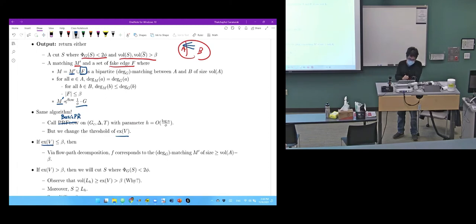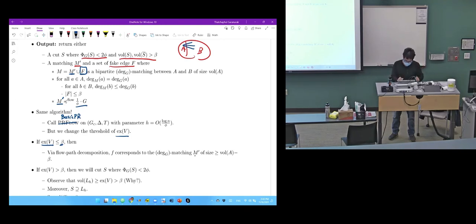If the excess is less than beta, it means that you almost embed the meshing that you want, except there are beta units of flow that are not sent from the source to the sink.